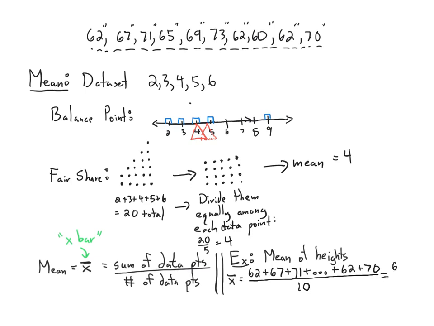And we get 661 over 10, which, if you want it as a decimal, is 66.1 inches. So that is the mean or average of our data set.